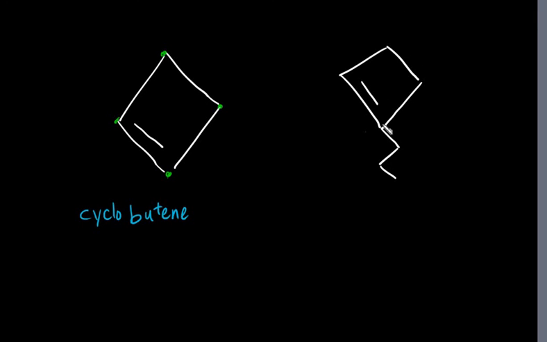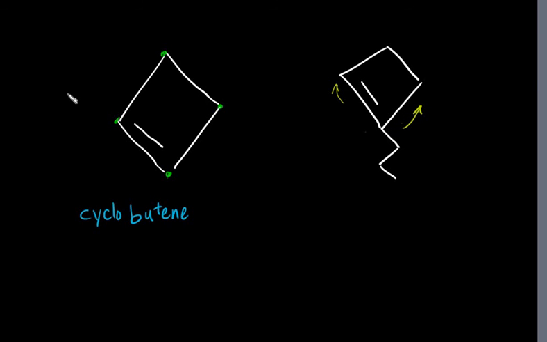Alright, so what should I do now? Should I number it from left side to right side? It means like clockwise direction, like this, or like this, counterclockwise direction.